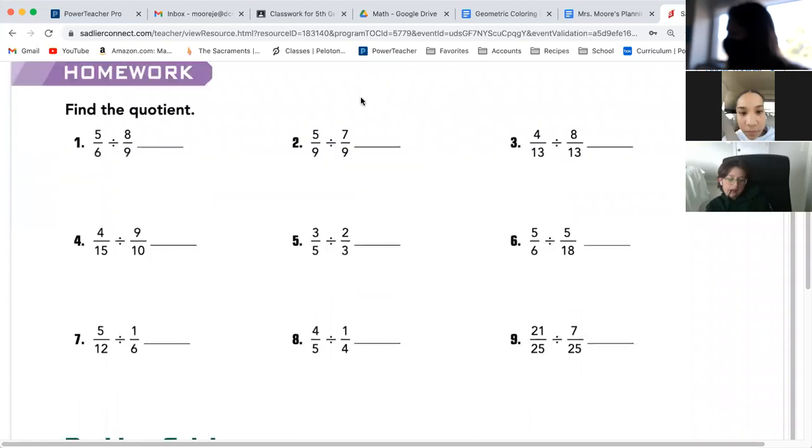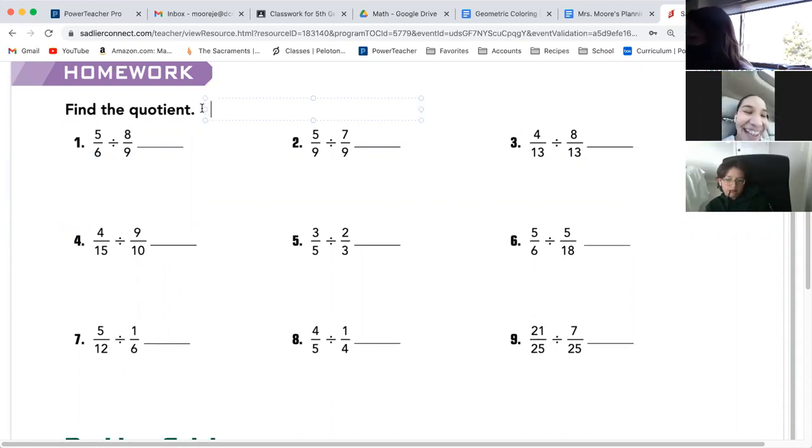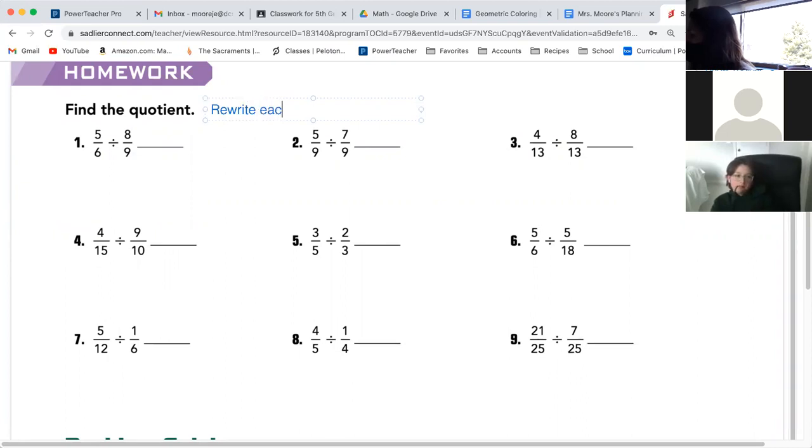Can we do like the dot instead of like the times symbol? Yeah. So on the instructions, I'm actually going to type, rewrite each expression to be a multiplication expression and then solve it.